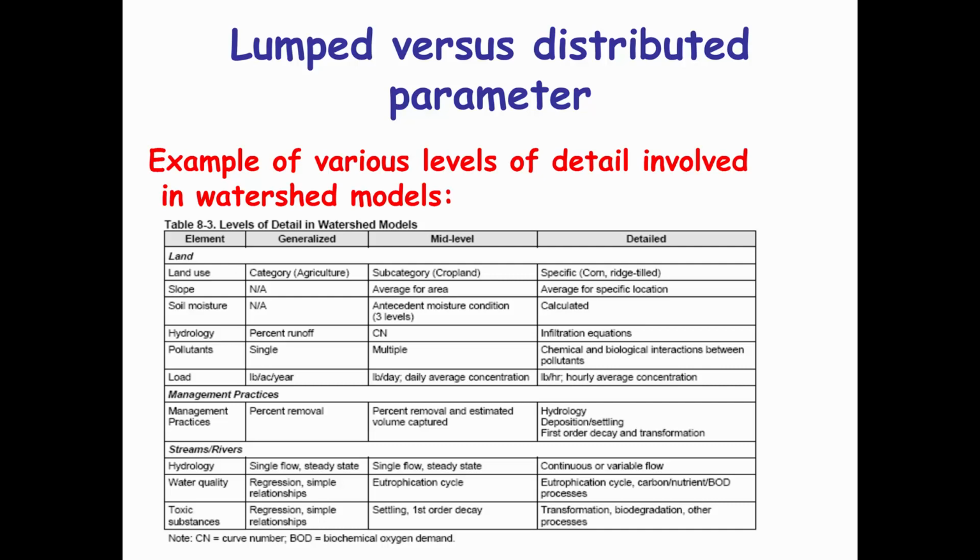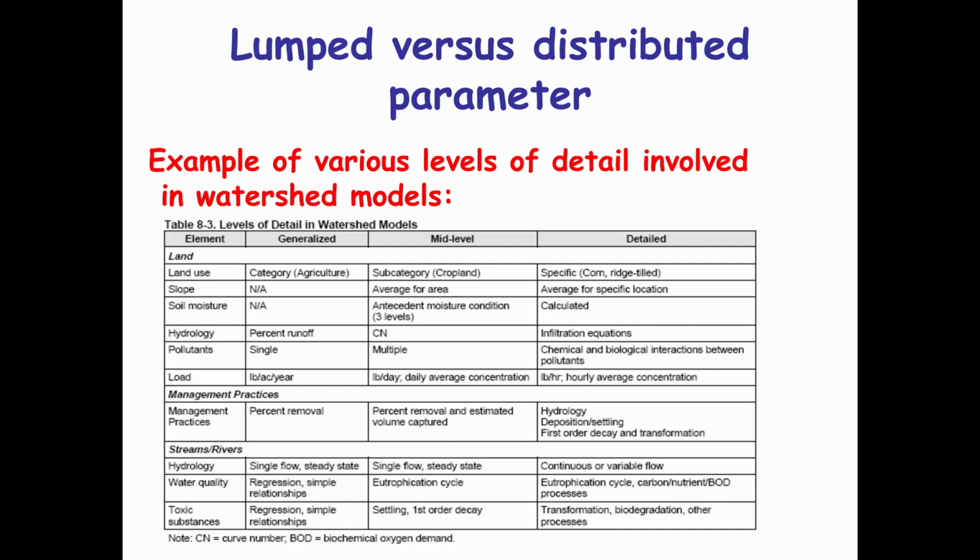So you can take any one of these, for instance, for pollutant load or pollutants, the very generalized model is going to treat everything uniformly. You'll come up with an estimate for the whole area, not any kind of breakdown based on sub-areas. Whereas the mid-level would have multiple areas of sources of the pollutants, and you'd be able to estimate the loads from each of those sub-areas.